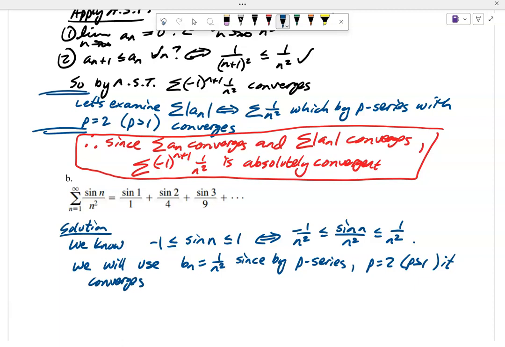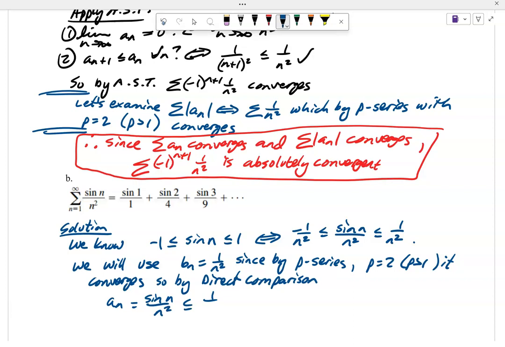So by direct comparison, we have a_n is sine n over n squared.